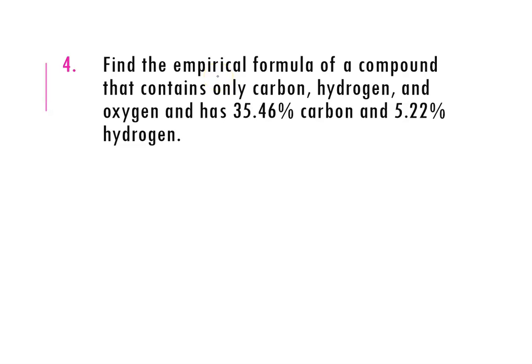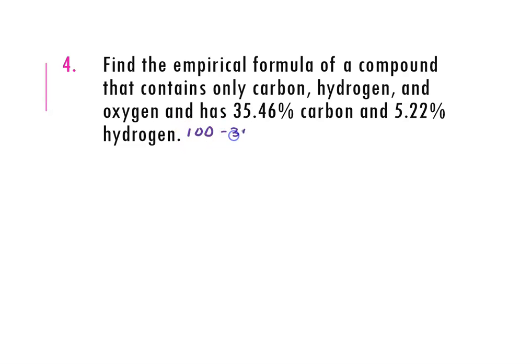Okay, next up, we're asked to find the empirical formula of a compound that contains carbon, hydrogen, and oxygen, and we're given the percentages of carbon and hydrogen. This is where it's important to read the problem. We don't have just carbon and hydrogen, we also have oxygen. It just doesn't give us the percentage. So we have to calculate that percentage before we can do the empirical formula. All of our percent compositions have to add up to 100.